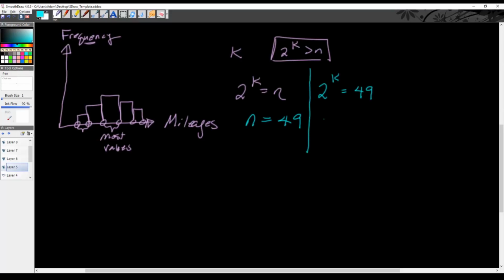But if I take the logarithm of both sides, it's k log 2 is equal to the natural log of 49. And then I can divide both sides by the natural log of 2. And I get k is equal to log 49 divided by log 2.